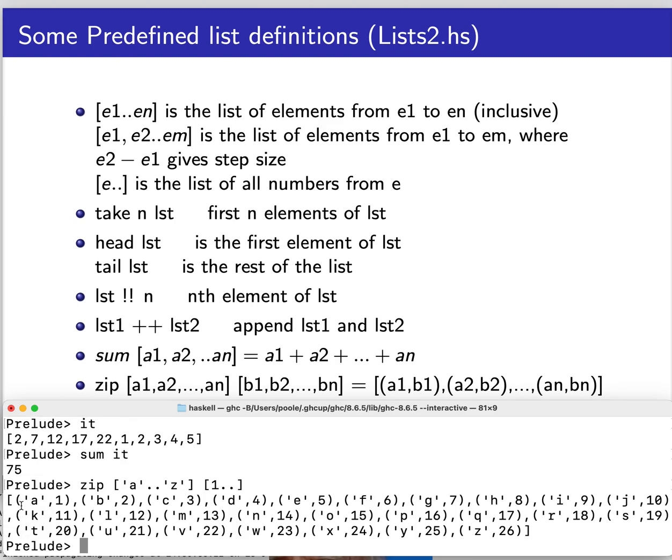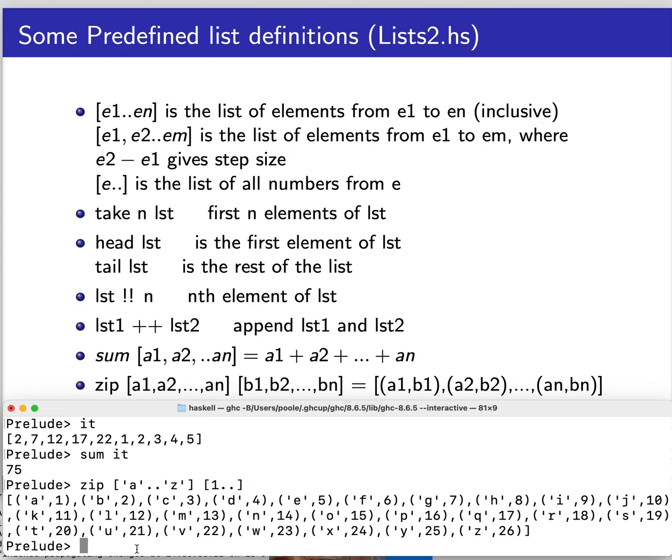This tells me for each letter of the alphabet what the corresponding number is. So it works not just for numbers, but also for other elements like letters.